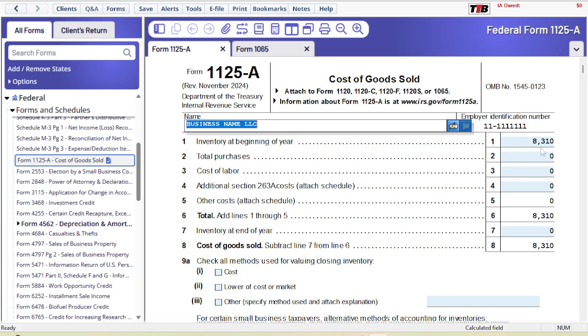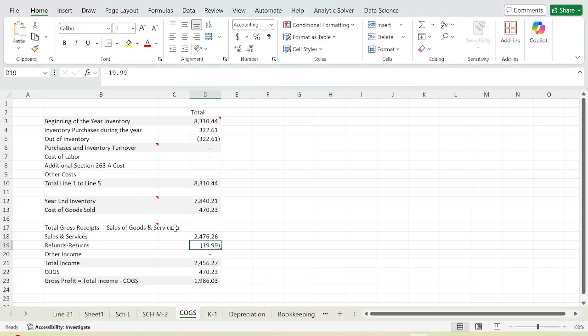So for that form, the beginning of the year 2025 is going to be this number. Let's see if that's the same number we are using here. So yeah, we have that.